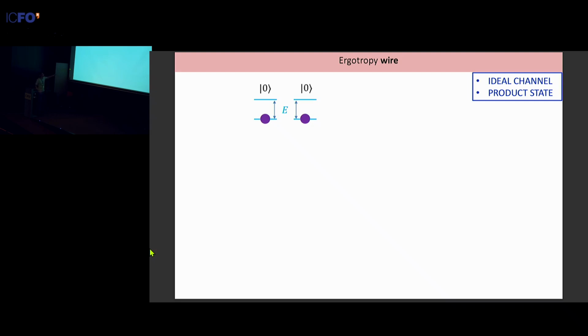So in a very idealistic situation, an ideal channel and product state, we would start the wire completely empty, in the sense that both qubits are in the ground state. So nothing is happening. Then we do a sigma x, just a bit flip, and inject ergotropy E into system 1, into the battery, let's say.